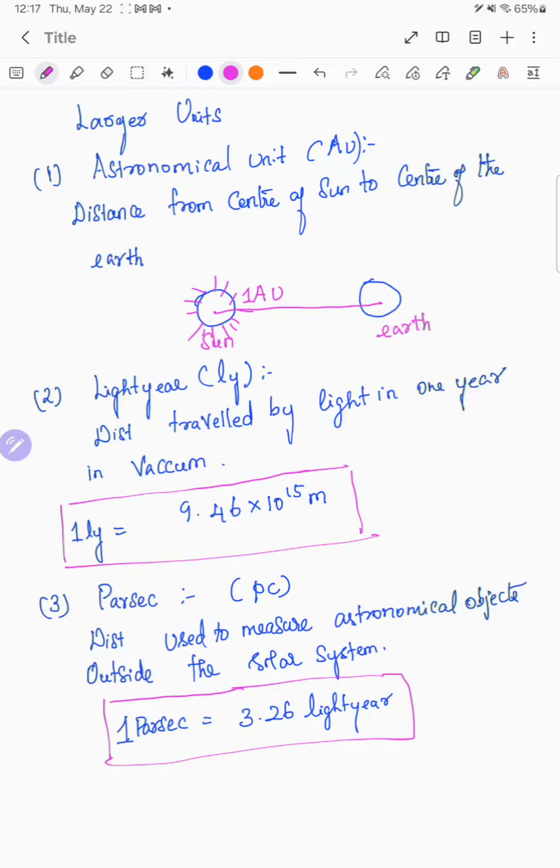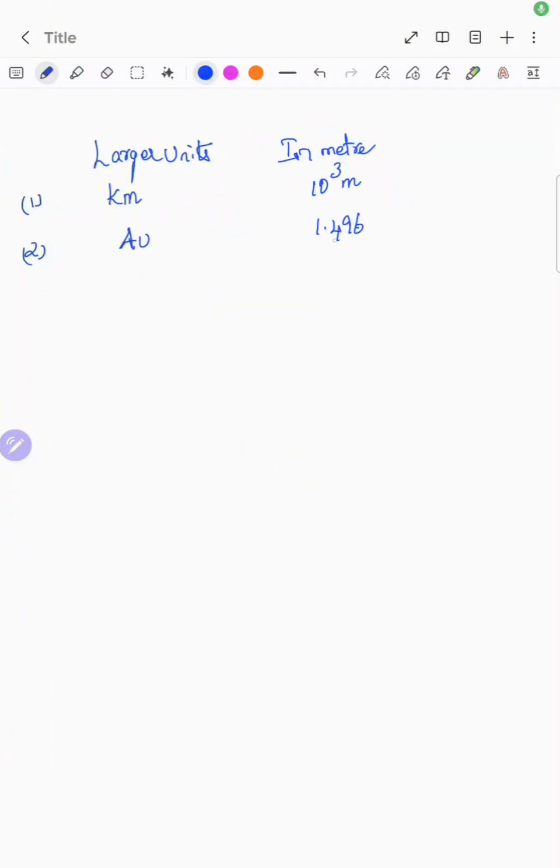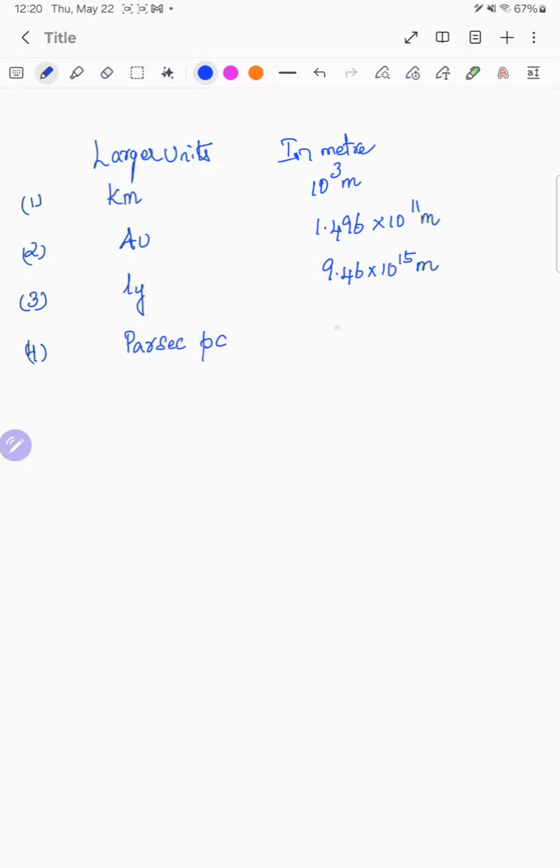These are the three things you have to remember: AU, Ly, and PC. 1 AU equals 1.496 into 10 power 11 meters. 1 light year equals 9.46 into 10 power 15 meters. The last one is the parsec, indicated by PC. 1 PC is 3.08 into 10 power 16 meters.